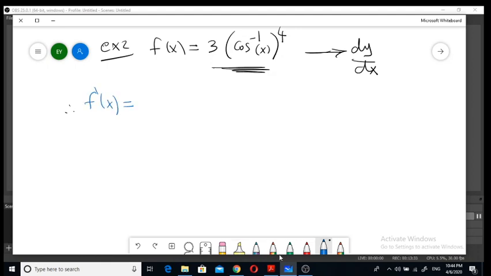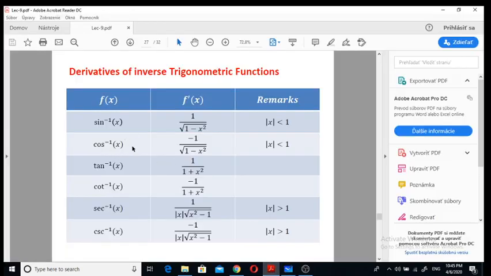Then f prime of x, the first derivative of this function, will be 4 times 3, which is 12, cosine inverse of x to the power 4 minus 1, power 3, times the first derivative of the inside function, which is negative 1 over square root of 1 minus x squared, because the first derivative of cosine inverse of x is negative 1 over square root of 1 minus x squared.